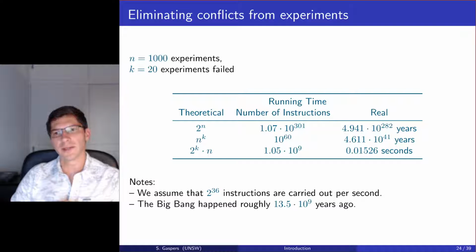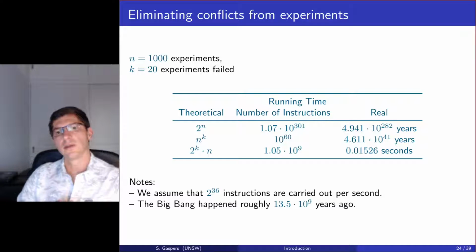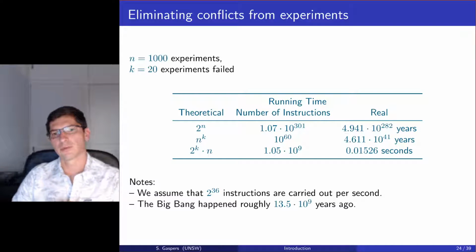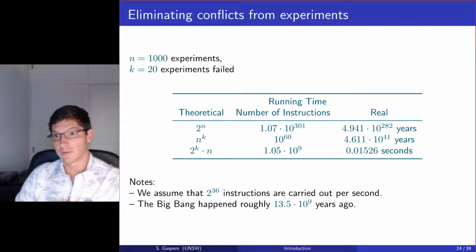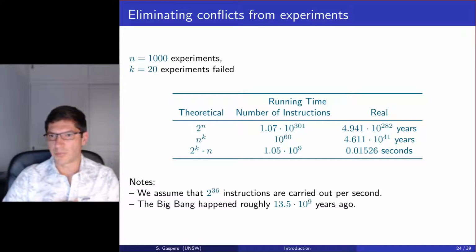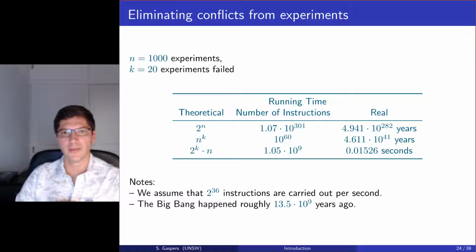That's way too many because, let's assume the biologist has a slightly older computer, so he can solve 2 to the power 36 instructions per second. This gives him a real world running time of something like 4.9 times 10 to the 282 years to solve an instance on 1,000 experiments.